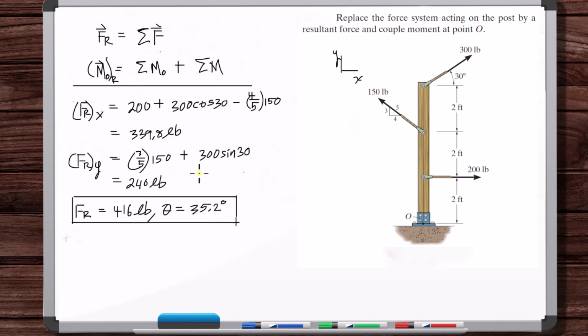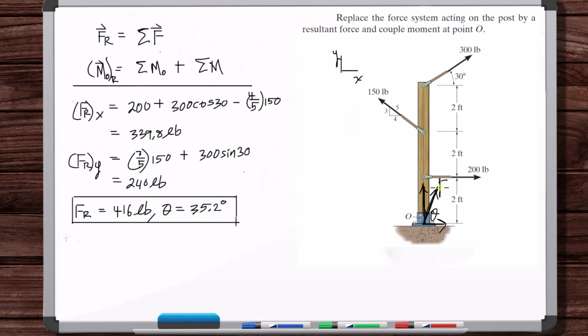Right, the resultant force at point O is like this amount in the X and then a little bit more in the Y. So the resultant force is like that, and then there's that angle theta.